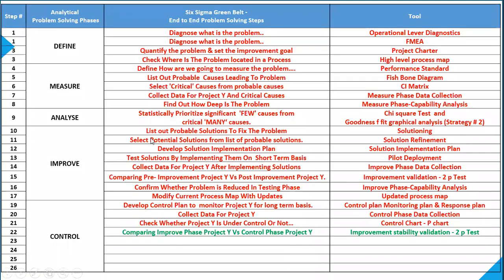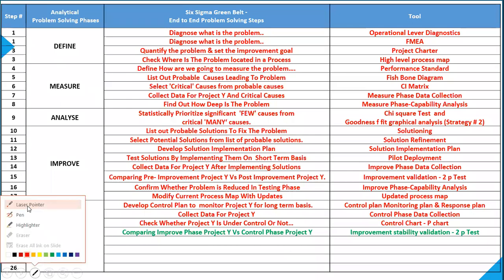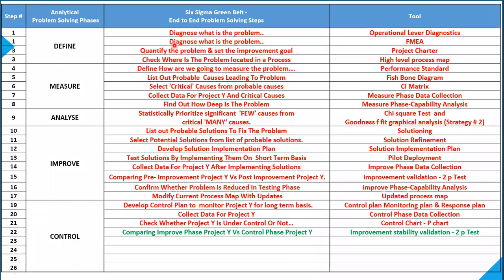Right. So we started with the define phase where we try to find out different problems for the organization. You're going to have a word with operations, and you're going to check out what are different metrics they are maintaining in the process and try to find out different probable problems.